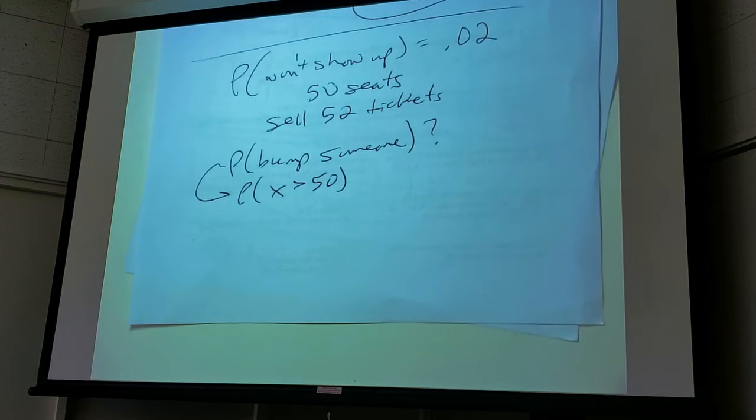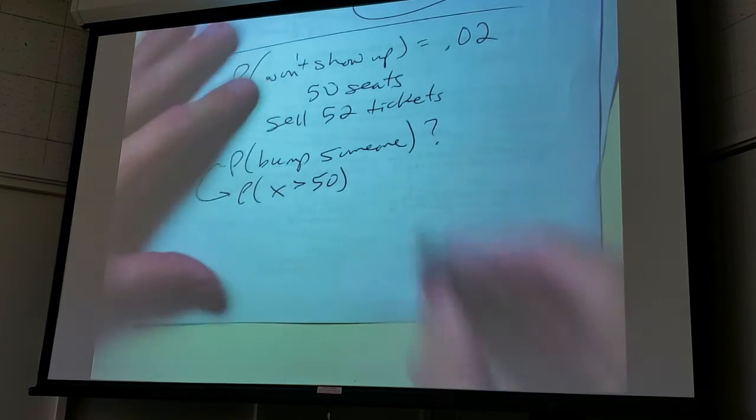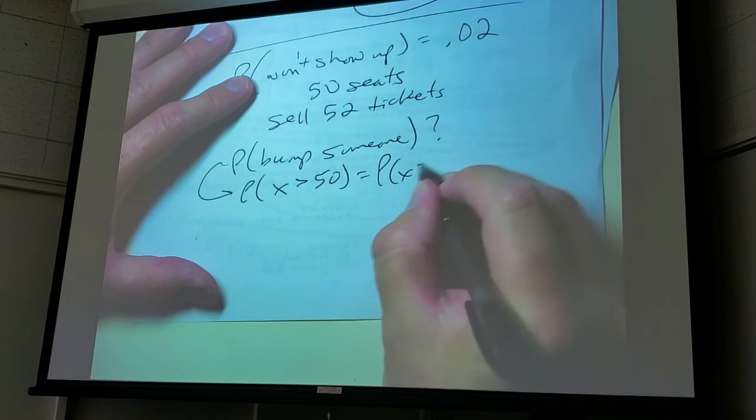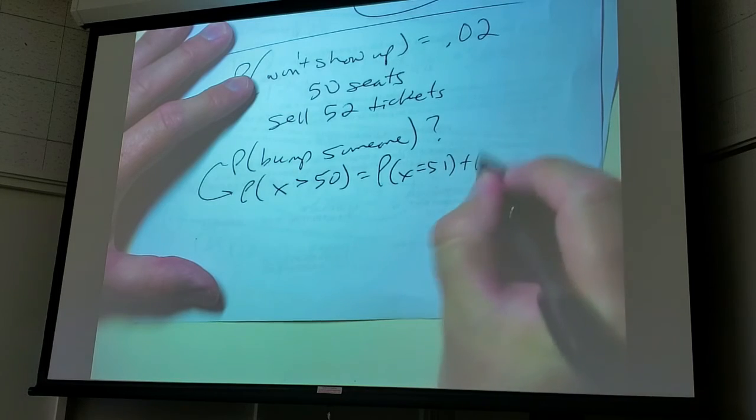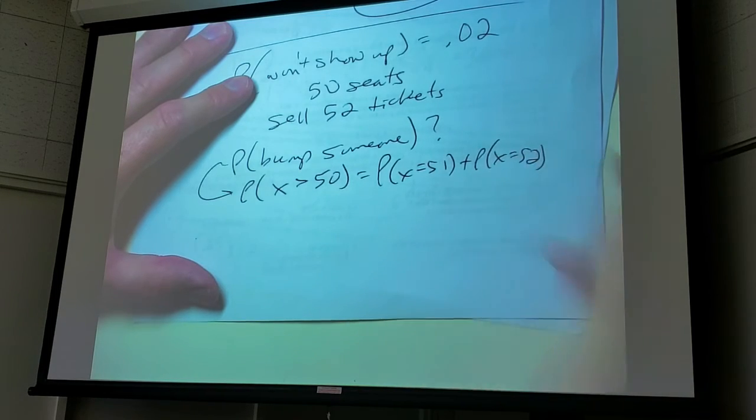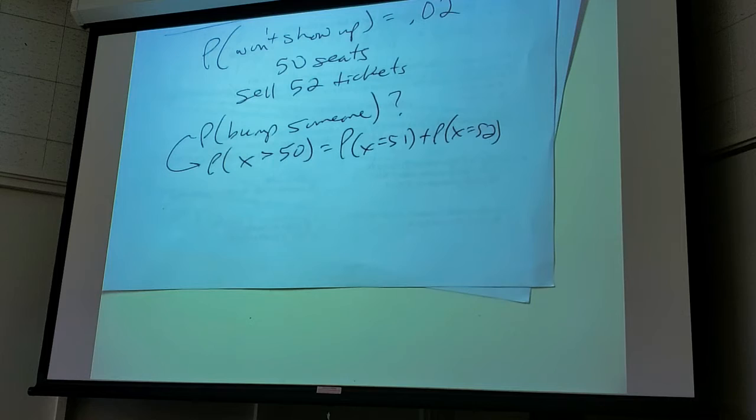So what does that mean for me? That means I'll have to do a formula for each one of these and then add them up, because either 51 show up or 52 show up. So I would just do a formula for 51, and I would do a formula for 52, and then I would add those together. So let's see.